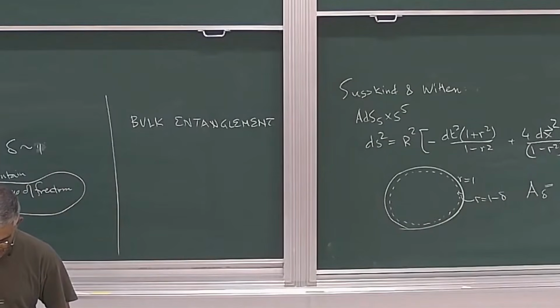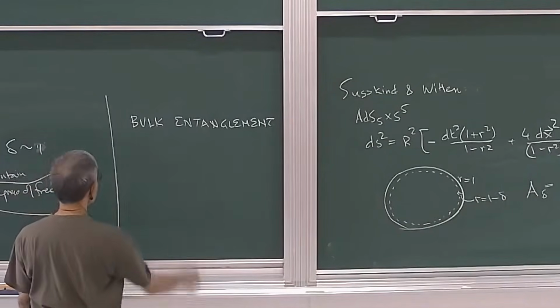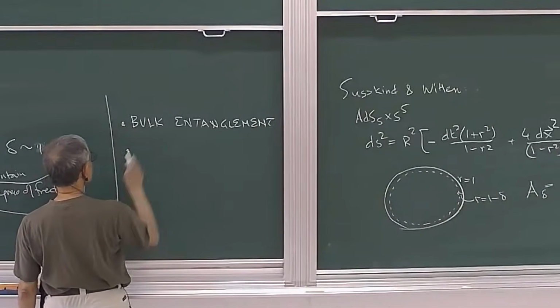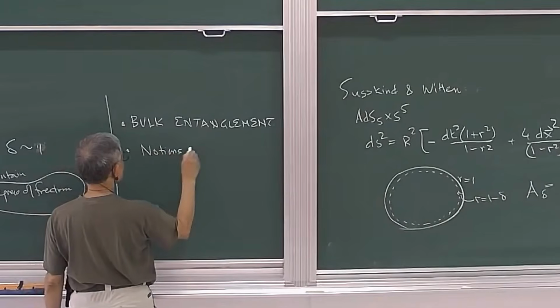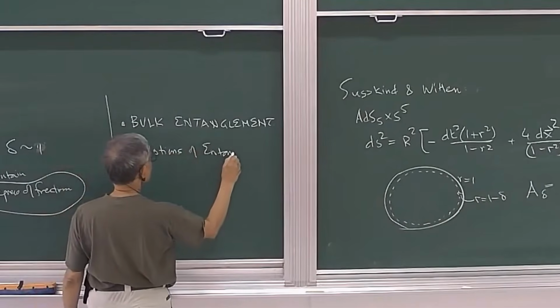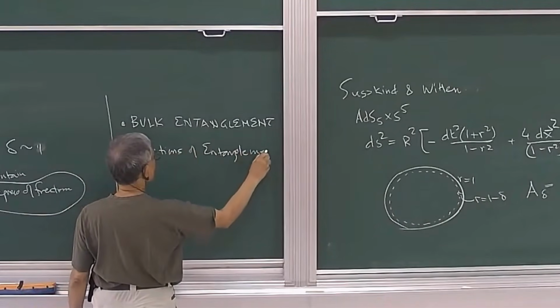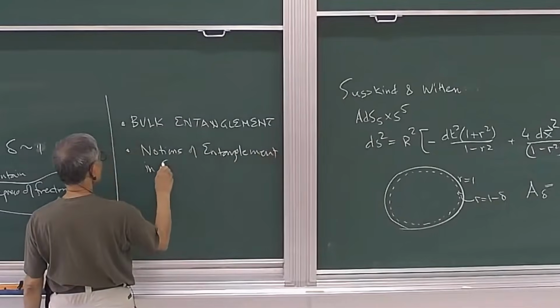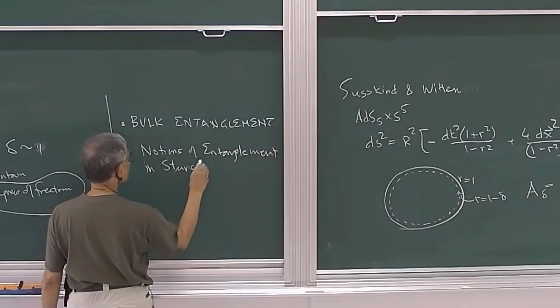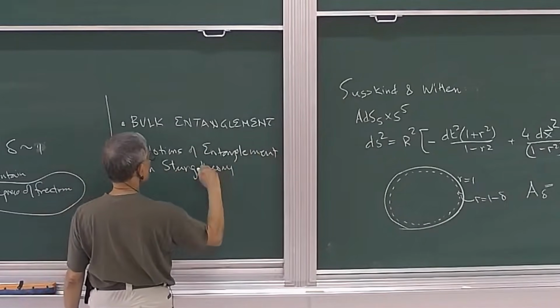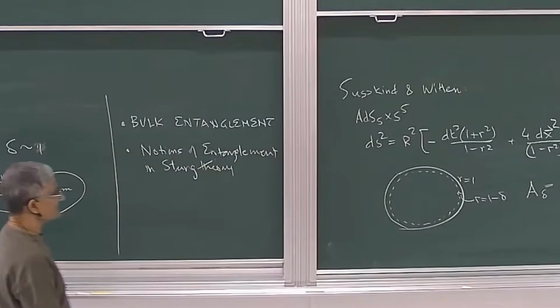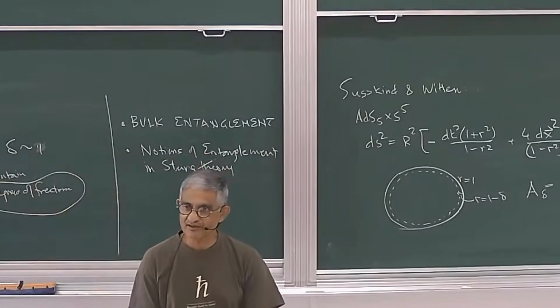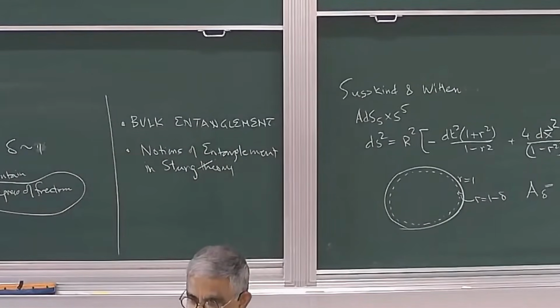The other thing which we'll find connected to this issue is notions of entanglement in string theory. That cutoff dependence, that divergence, is a UV divergence. So very naively, you would think that string theory shouldn't have anything like this.